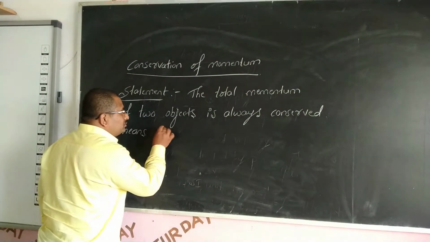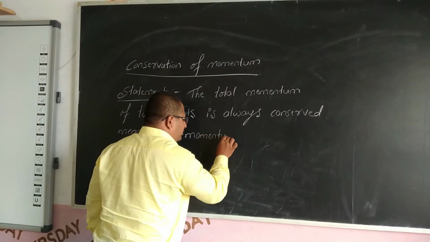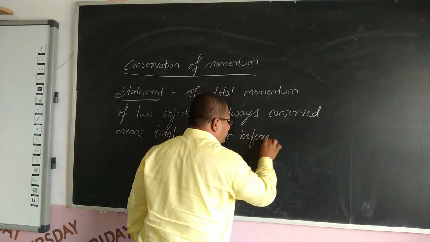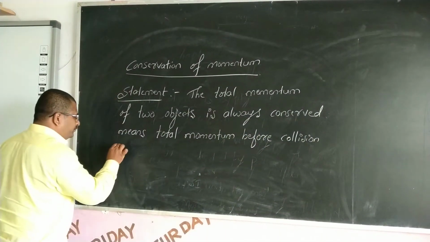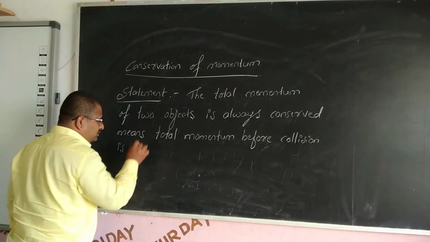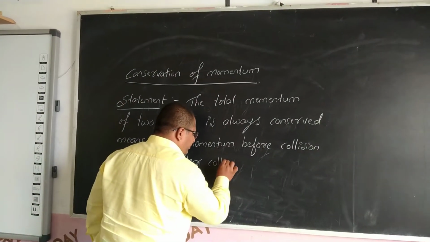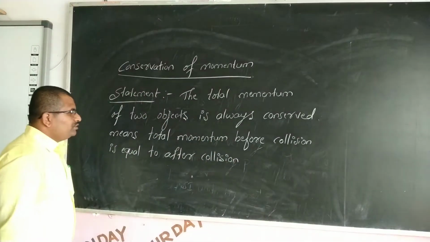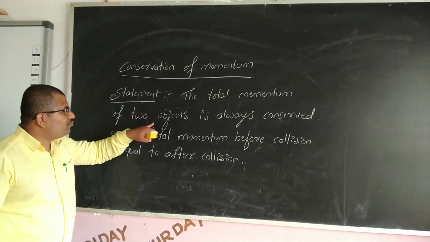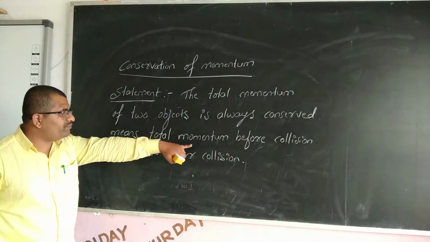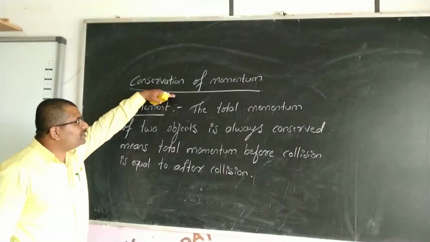It means the total momentum before collision is equal to the total momentum after collision. And this is the statement of the conservation of momentum.